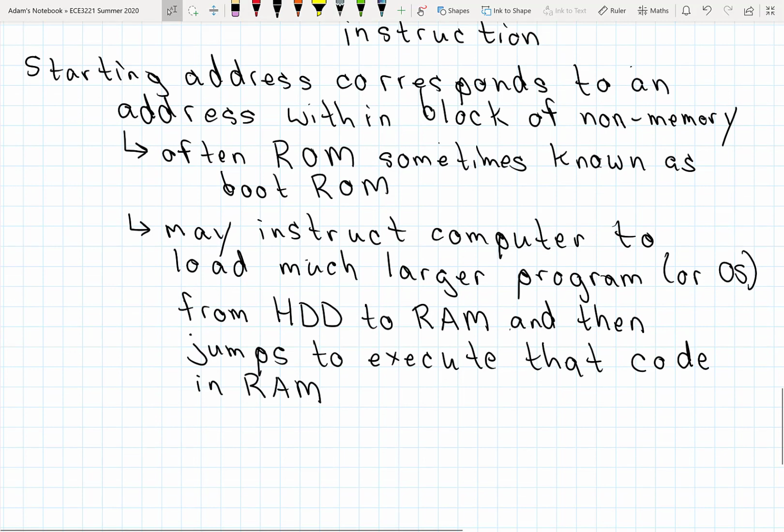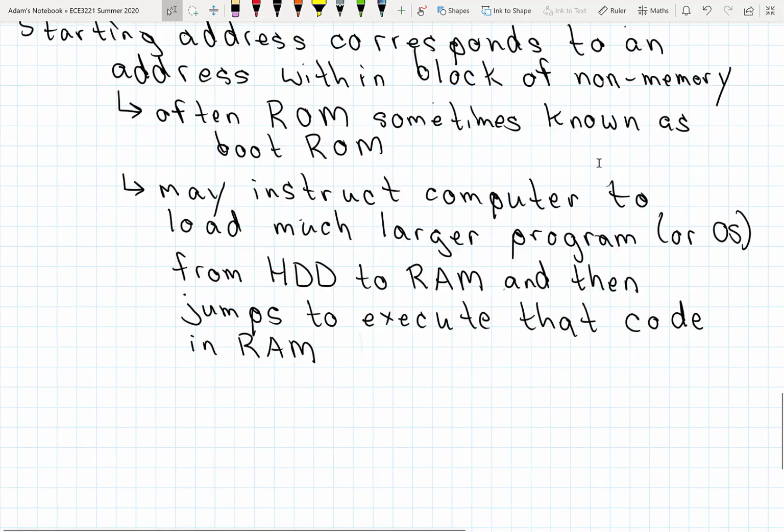They generally are loaded into RAM first and then pulled from there as they're executed.